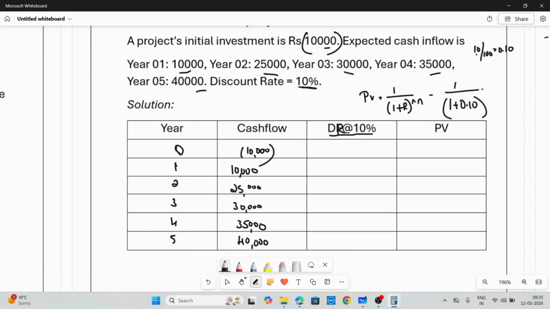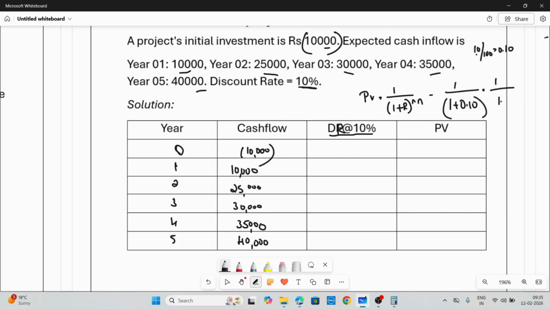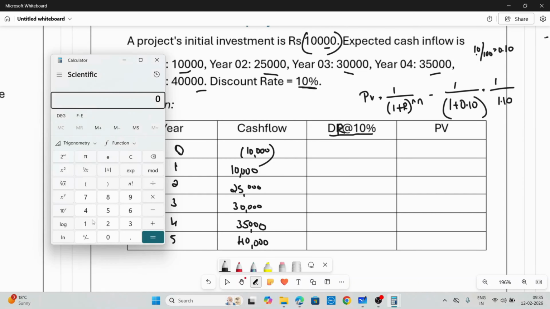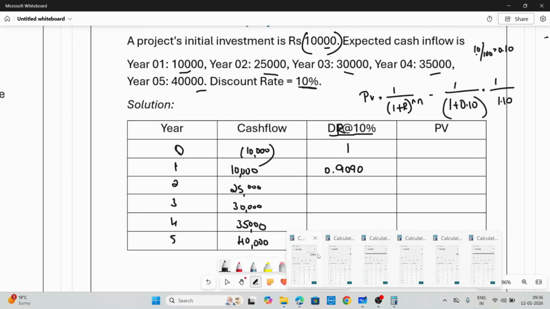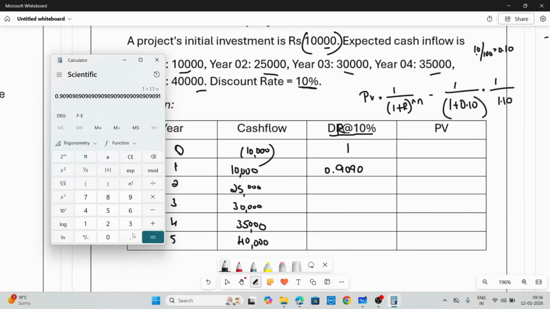You'll get that, how it came 1.10, 1 divided by 1.10. What's the answer? So for the zeroth year we have to put 1, and for the first year it's 0.9090, and for the next year just press equals. You'll get the answer automatically.